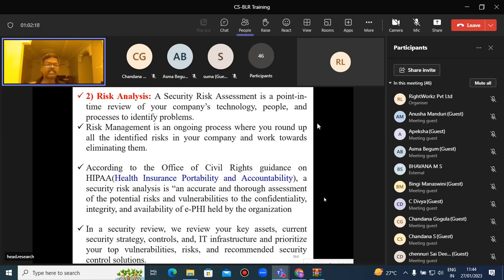In a security review, we review your key assets, documents, activities, current security strategy, controls, and information technology infrastructure, and prioritize your top vulnerabilities, risks, and recommended security control solutions. That is called risk analysis.